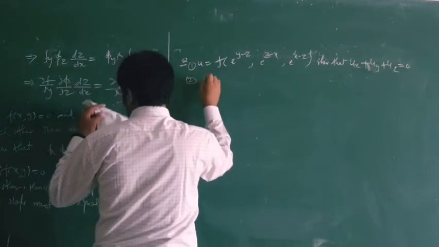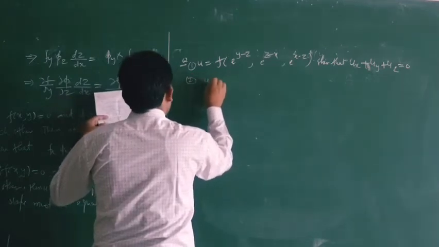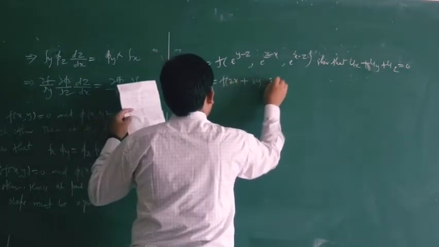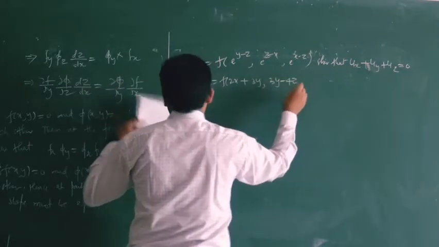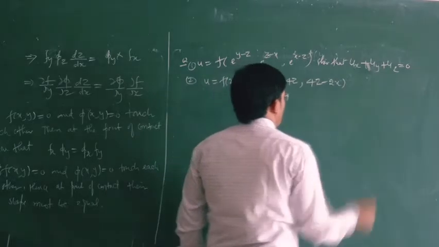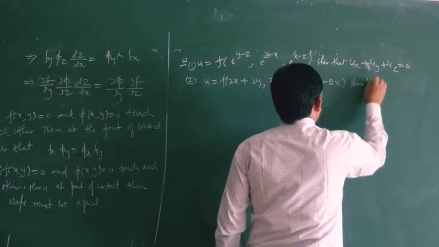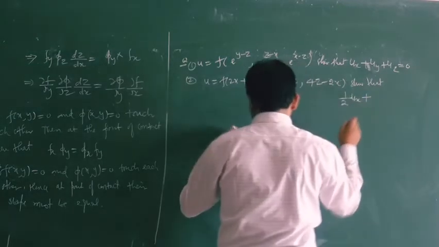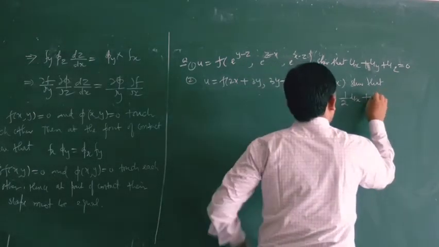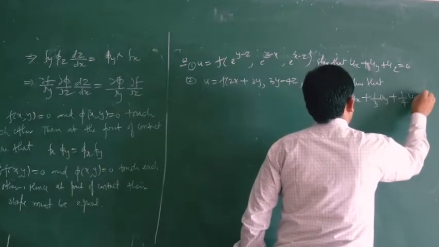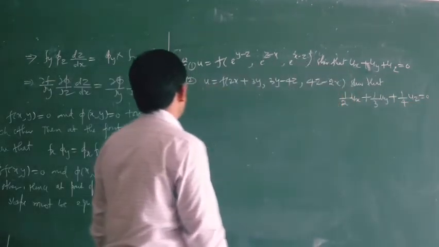Then the next question: if u is equal to a function of 2x plus 3y, 3y minus 4z, and 4z minus 2x, then show that 1/2 ux plus 1/3 uy plus 1/4 uz equals 0.